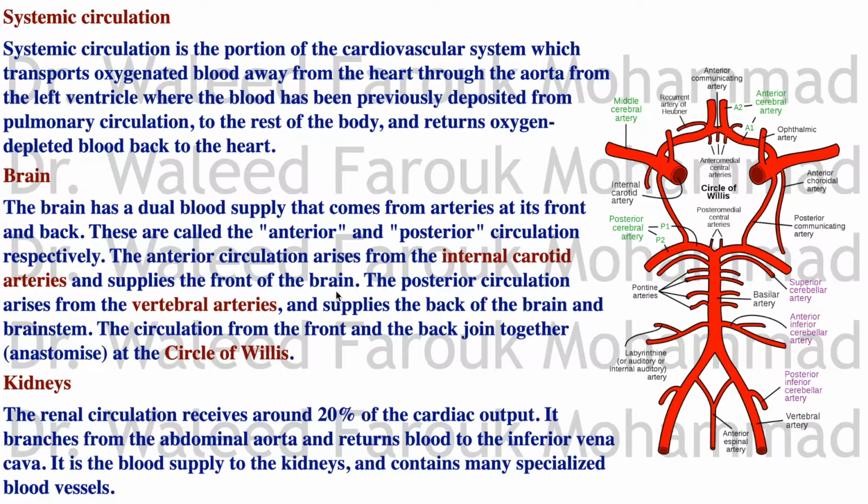The carotid system comprises the internal carotid artery coming from the common carotid artery of the neck, and the internal carotid artery gives rise to the two main branches in the brain, the anterior and middle cerebral arteries.